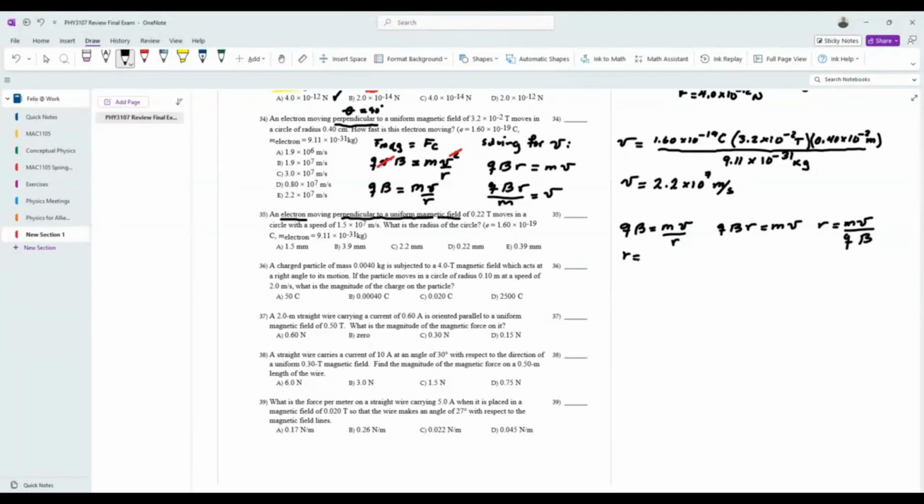So if you substitute, then R would be the mass of the electron, that is 9.11 times 10 to the negative 31 kilograms, times the speed of the electron, which is 1.5 times 10 to the 7 meters per second.